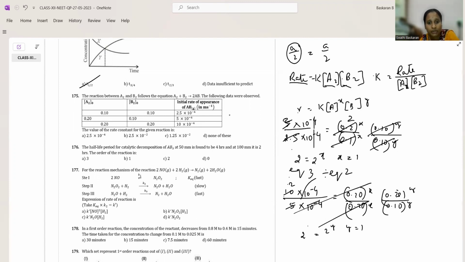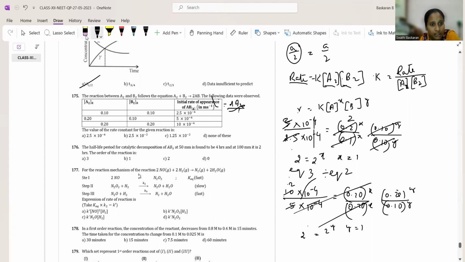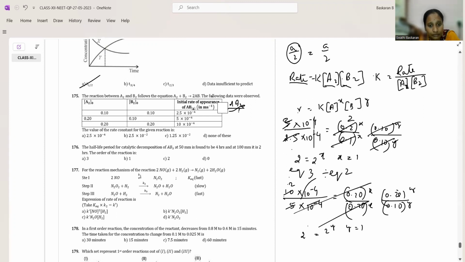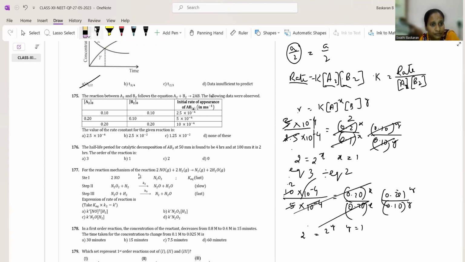So how do you write the differential rate equation for this equation? Let me write neatly. So I will start writing from here.